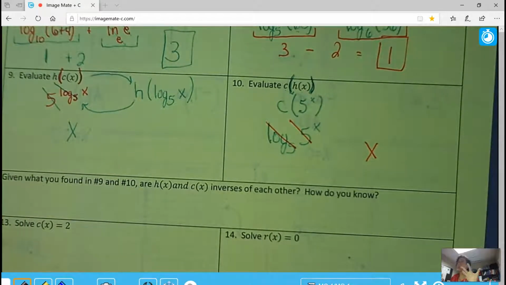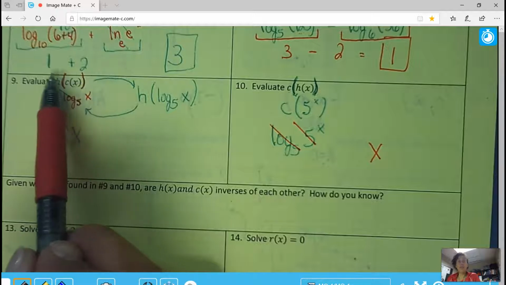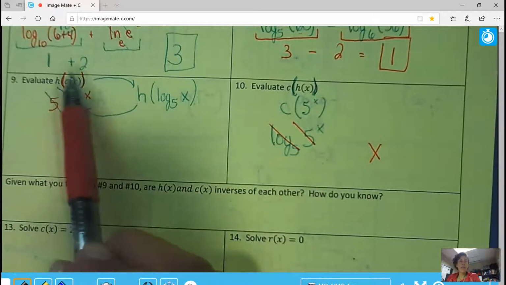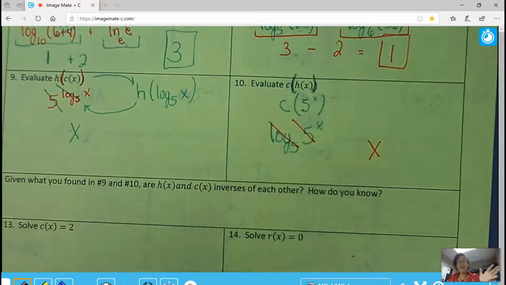So back, I think it was chapter 3, you were first introduced to inverses. And it's if you take composition functions, so if you take one function and put them in another, and they have to be the same function, so c is going into h or h is going into c, and you get x, once you simplify it, then you know they're inverses of each other.